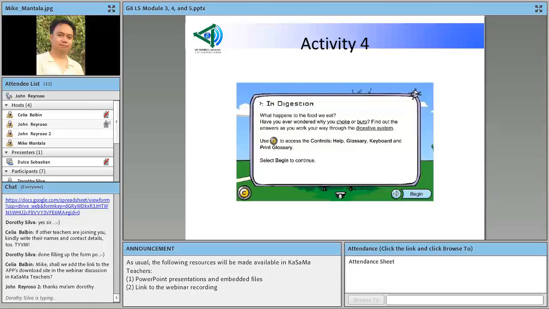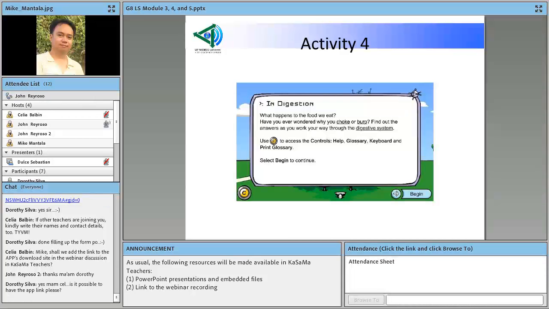So, fully animated tong application nito, tapos it also tracks actually the journey of the food from the mouth to the anus until such time that it gets eliminated from the body. But what is nice here is that it's interactive.